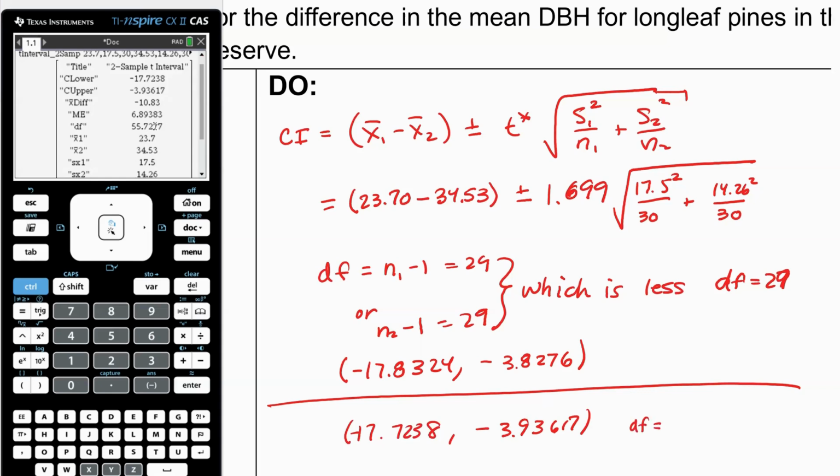You can see their degrees of freedom is 55.7277. Now, the College Board finds this is perfectly acceptable, but just note that when we use a smaller degree of freedom, we get a T star value that's a little bit bigger, and therefore the confidence interval is a little wider.